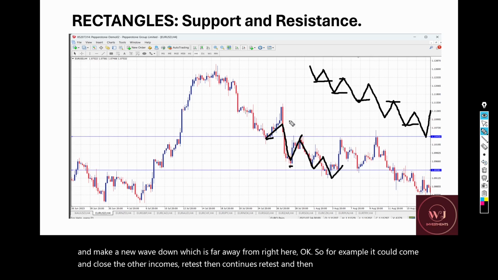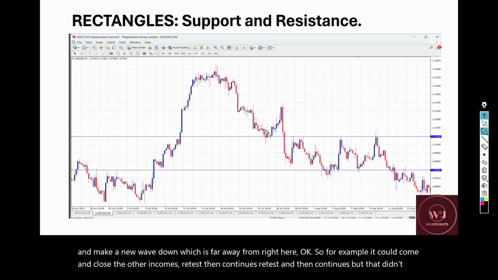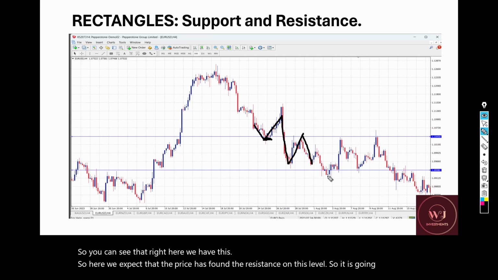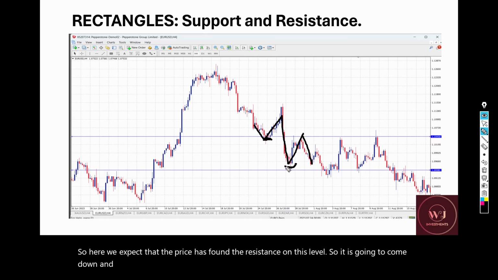But that didn't happen. Here we expect that the price has found resistance on this level, so it is going to come down and then either stop at this level to create a double bottom or another chart pattern, or break through it and continue its pattern.